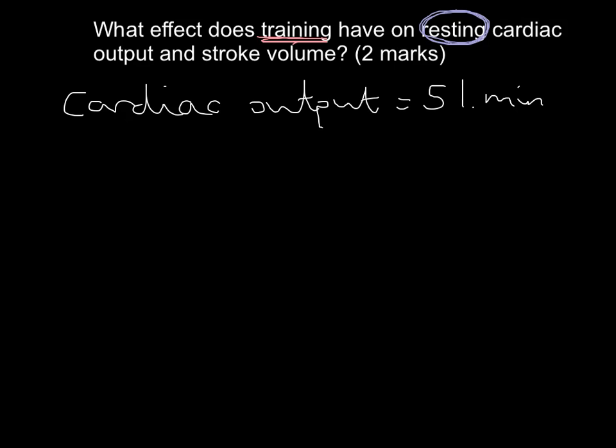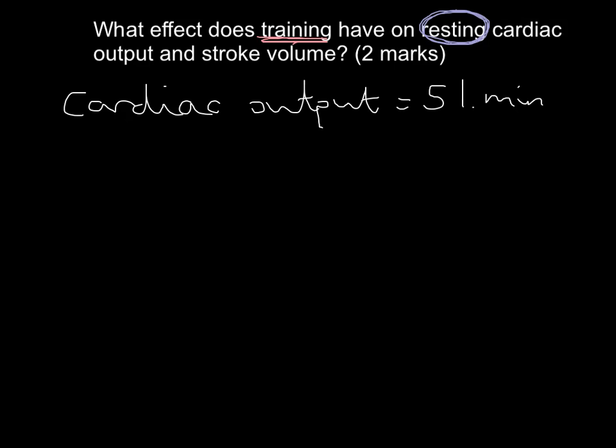If I was to send you altitude training with Mo Farah for 6 months, and before you went, I measured your cardiac output whilst you were sat down, and your cardiac output was 5 litres a minute, I then send you off with Mo, and you do 6 months of the most intense altitude training you've ever undergone in your life, okay?